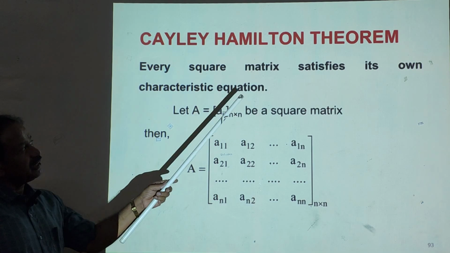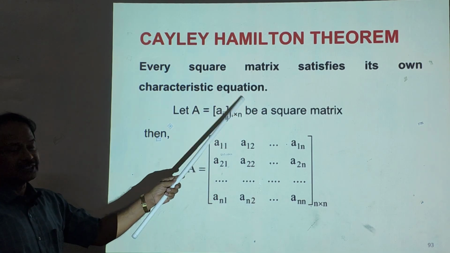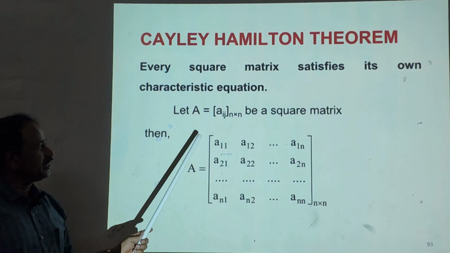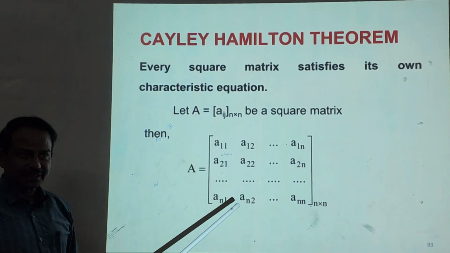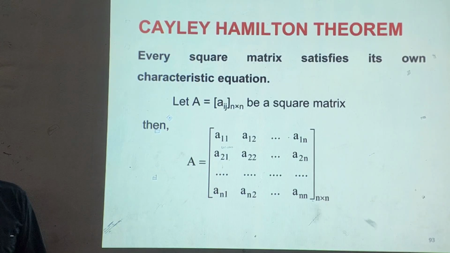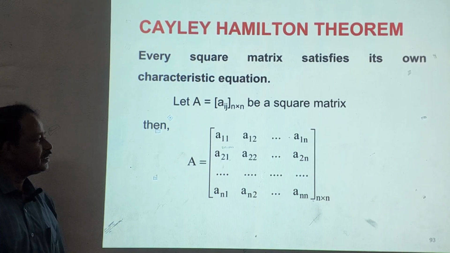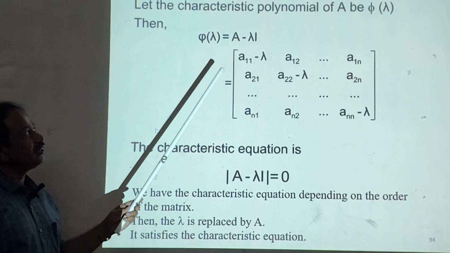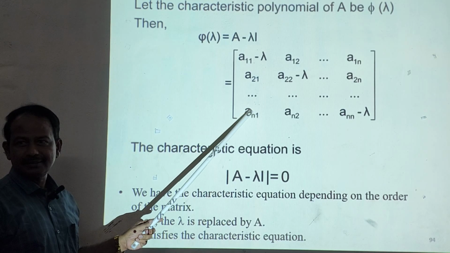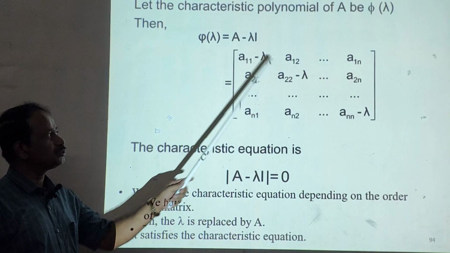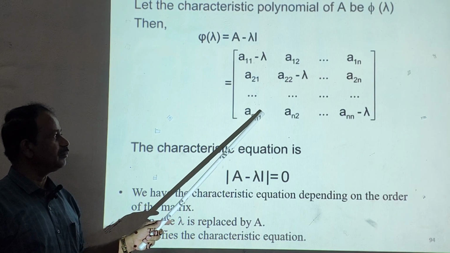Every square matrix satisfies its own characteristic equation; that is nothing but Cayley-Hamilton theorem. We know that for any matrix, the matrix elements are given as this. Let the characteristic equation of the polynomial be given by this. We are going to use the formula A minus lambda I, and of course we will get this matrix.